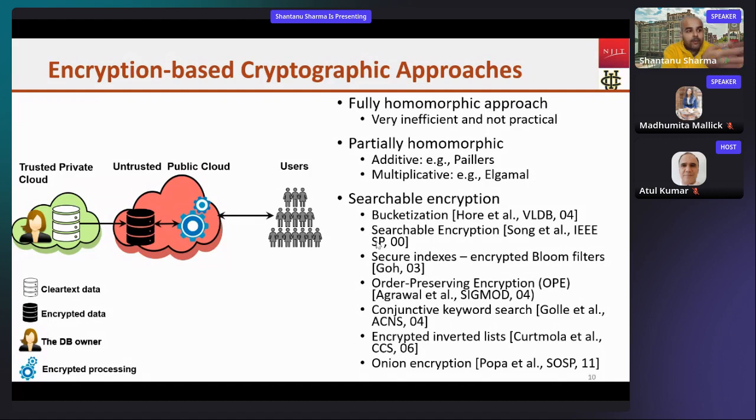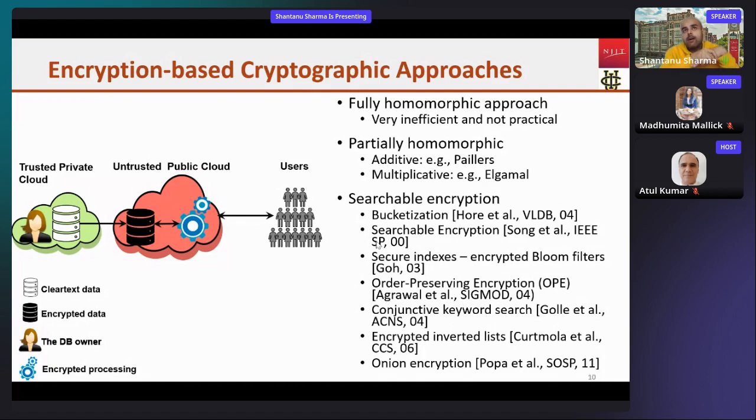But the major drawback of these techniques is that they are not very efficient. They take significant computation time. On the other hand, there are other techniques such as partially homomorphic encryption. They can support either addition or multiplication of the ciphertext values, but not both operations, unlike fully homomorphic. But they are still a little bit more practical as compared to fully homomorphic techniques.